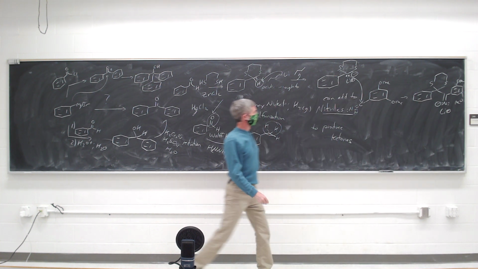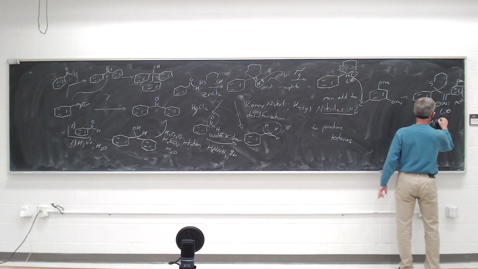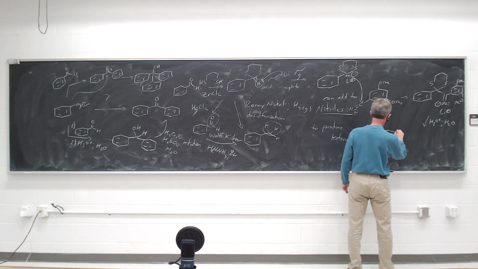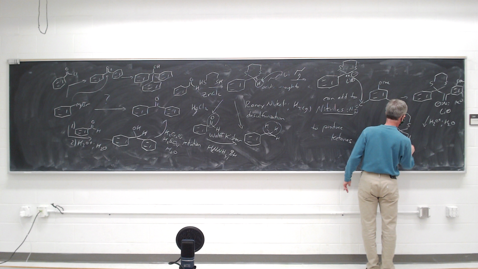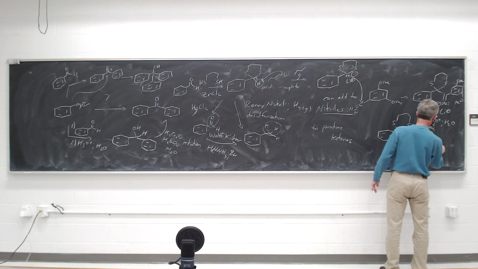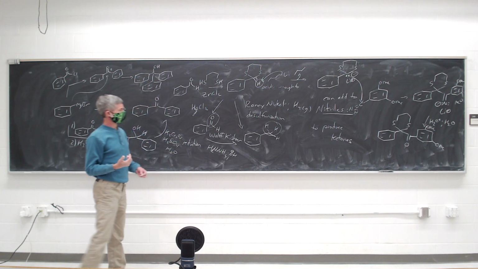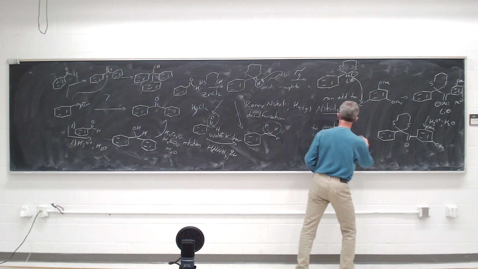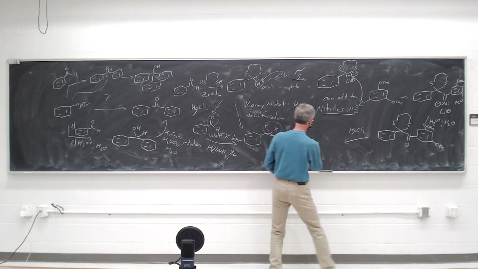Generate that salt, and then aqueous acid will hydrolyze that to the carbonyl. So now you have a ketone adjacent to your dithiane ring instead of the alcohol. Say mercuric chloride, remove that.